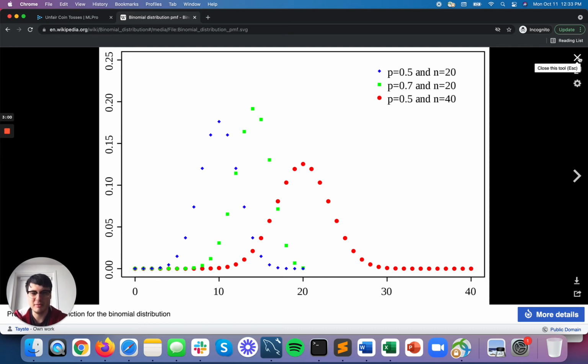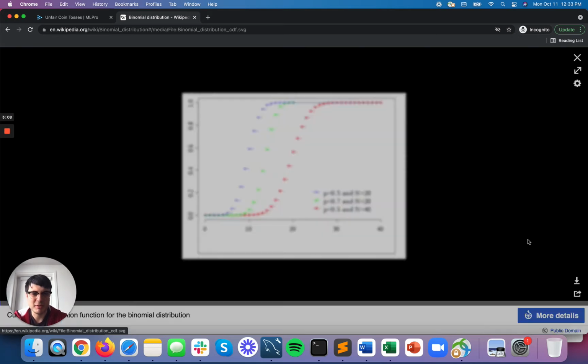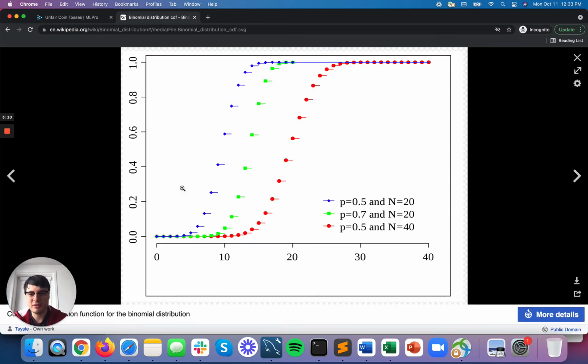Related to the probability mass function is a distribution function that applies for the unfair coin tosses problem on MLPro. So the cumulative distribution function tells us the probability that you're going to have exactly x successes or less than x successes.